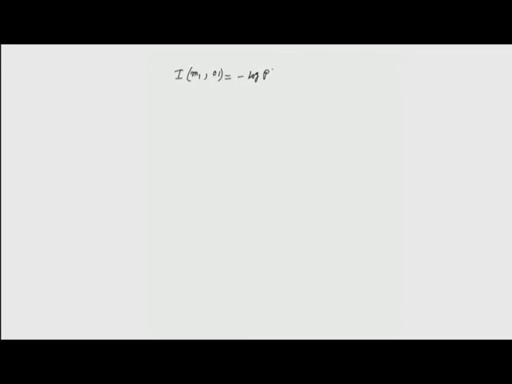this will be minus log probability that M1 is transmitted plus log of the conditional probability that M1 is transmitted given that 0 1 is received. So, let us find M1 given 0 1.